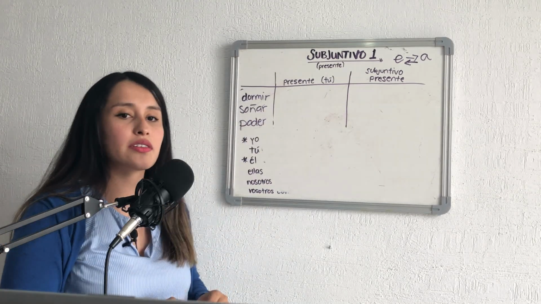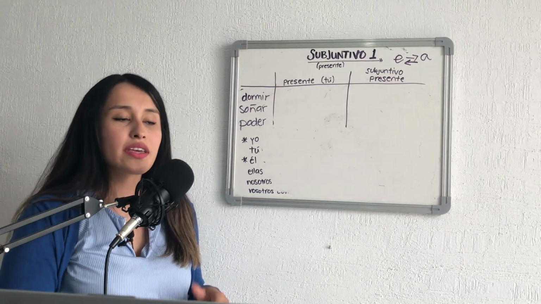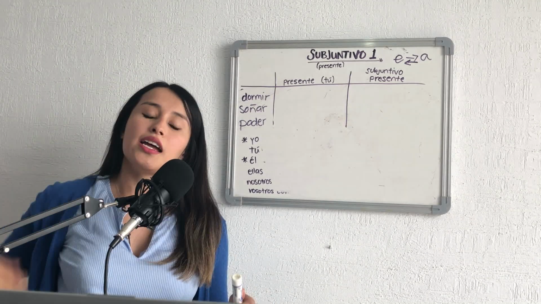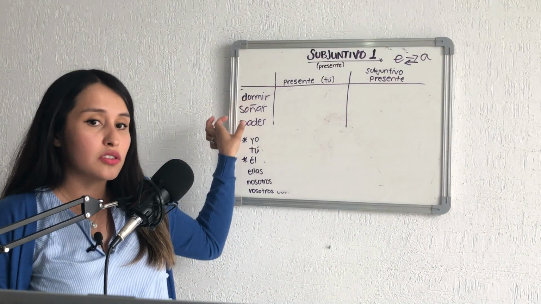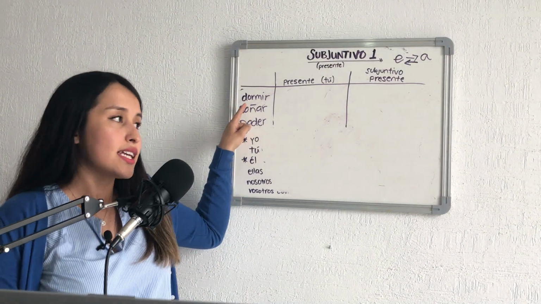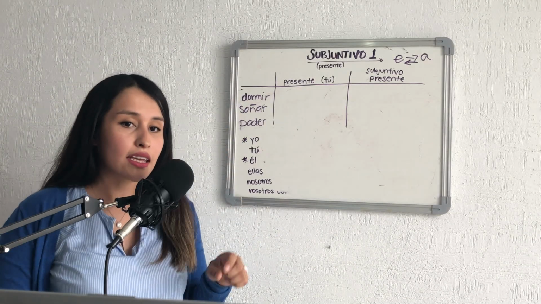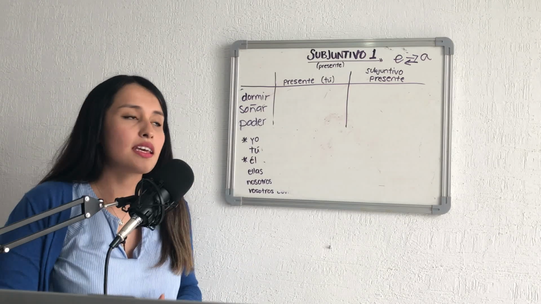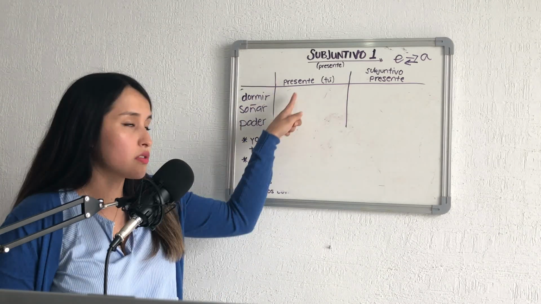Dormir, to sleep, soñar, to dream, poder, to be able to. So these are irregular in the present. What that means is that usually the first part of the verb is going to change. So for example, dormir, instead of letter O, in the second place, we're going to add a UE. That's how it works in the present tense. So I'm just going to assume you know the present tense of these verbs, and I'm just going to write them here.